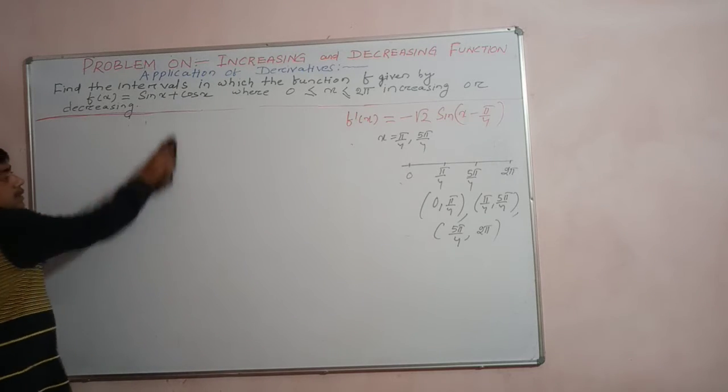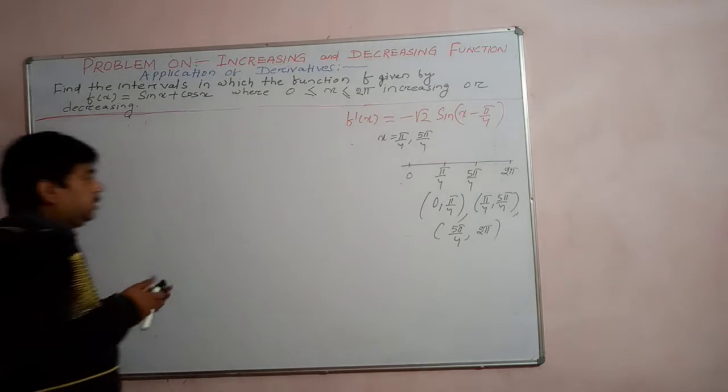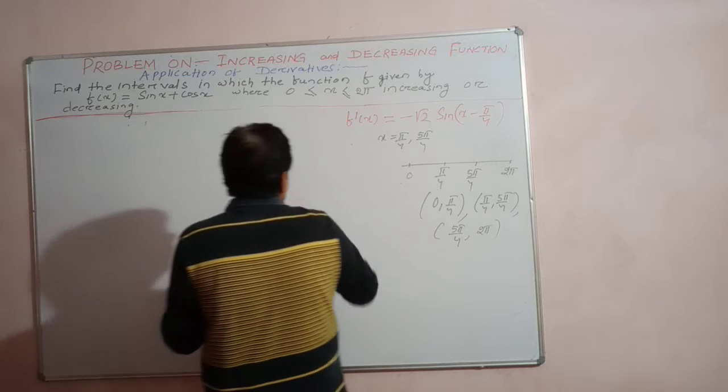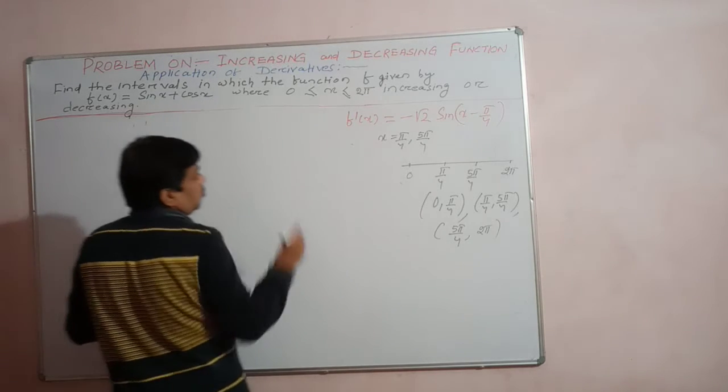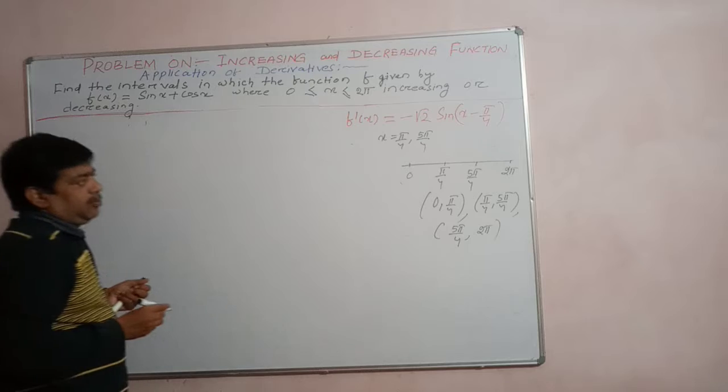So we got f dash x is minus root 2 sin of x minus pi by 4.